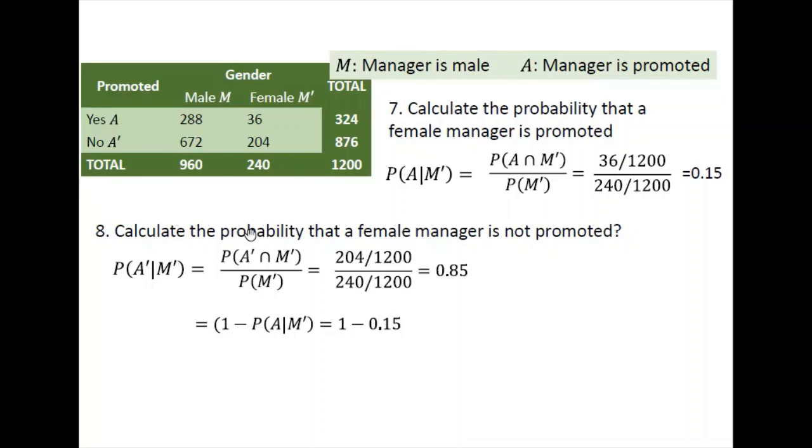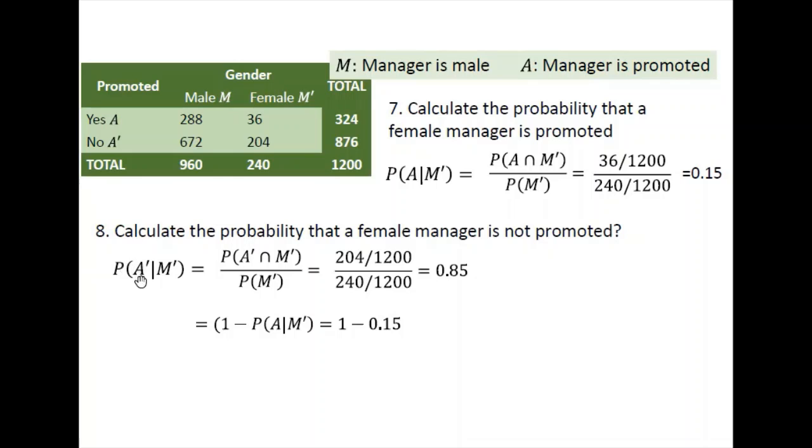Number 8, calculate the probability that a female manager is not promoted. So again, it's the conditional probability. In advance, we know that the manager is female, so we are going to calculate the probability of not getting promotion.